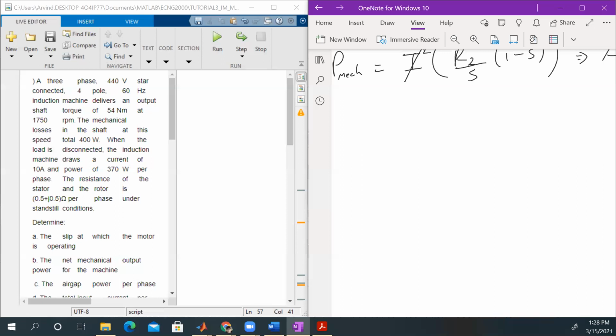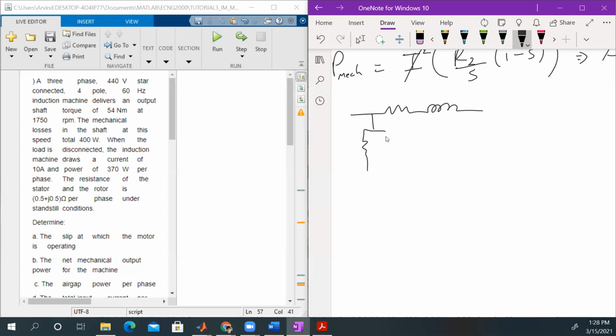So again, we can draw our diagram, right? So we have 0.5 plus j0.5 and j0.5 and 0.5 here.